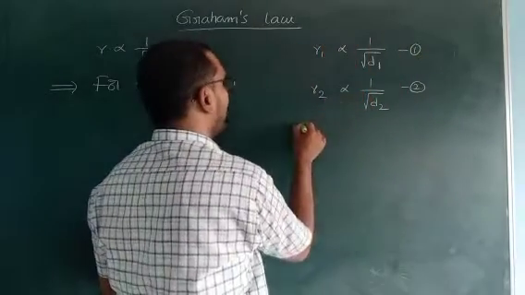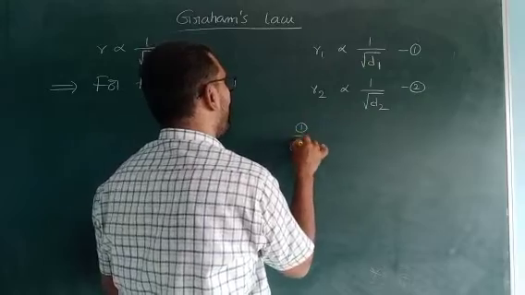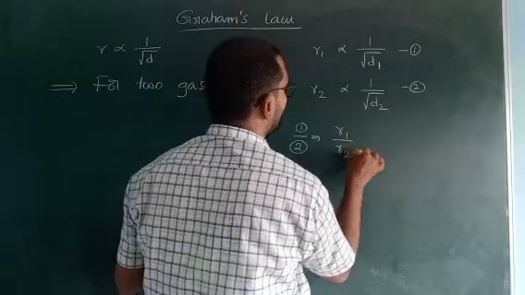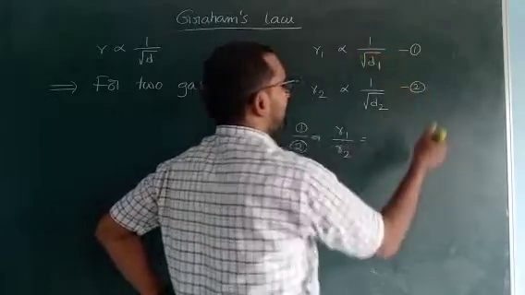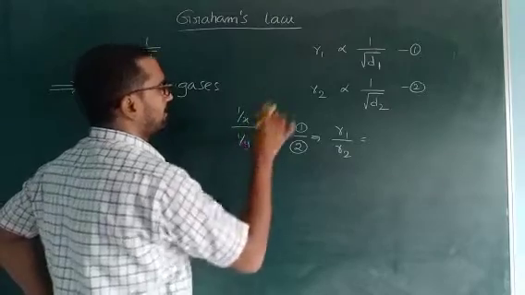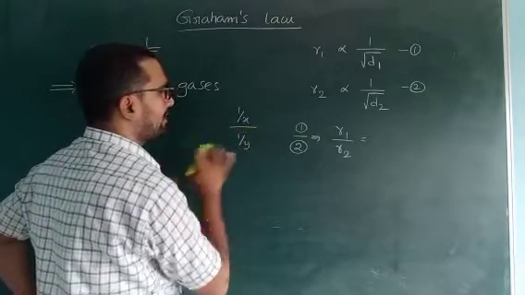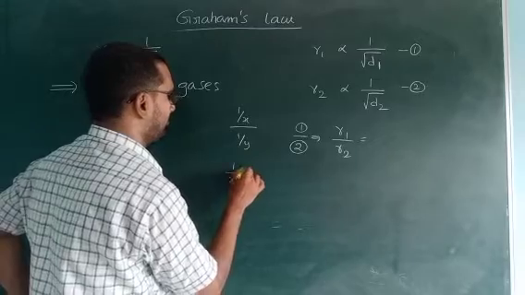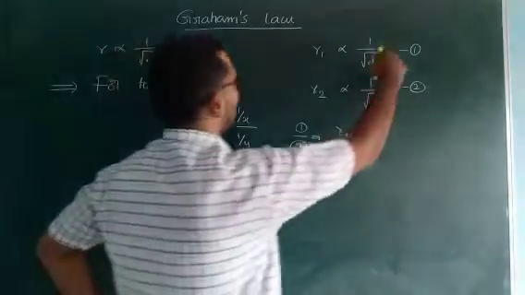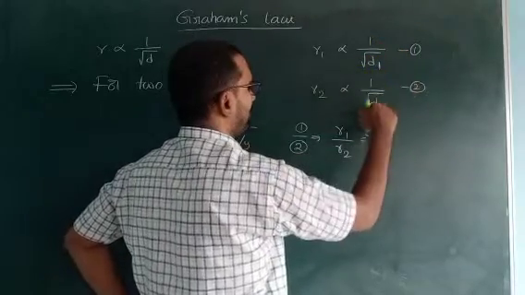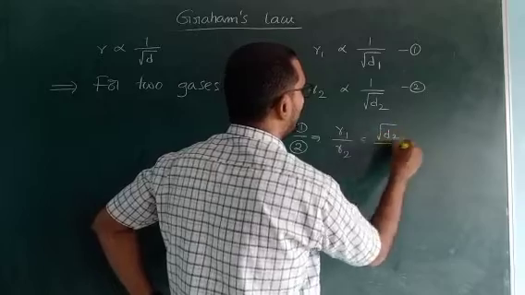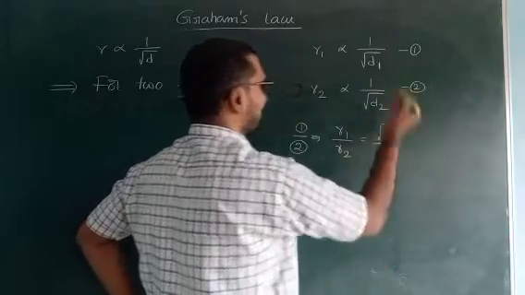So equation 1 by equation 2. What happened? R1 by R2 is equal to 1 by root d1 divided by 1 by root d2. In the denominator a fraction is present, so it is reversed: root d2 by root d1.